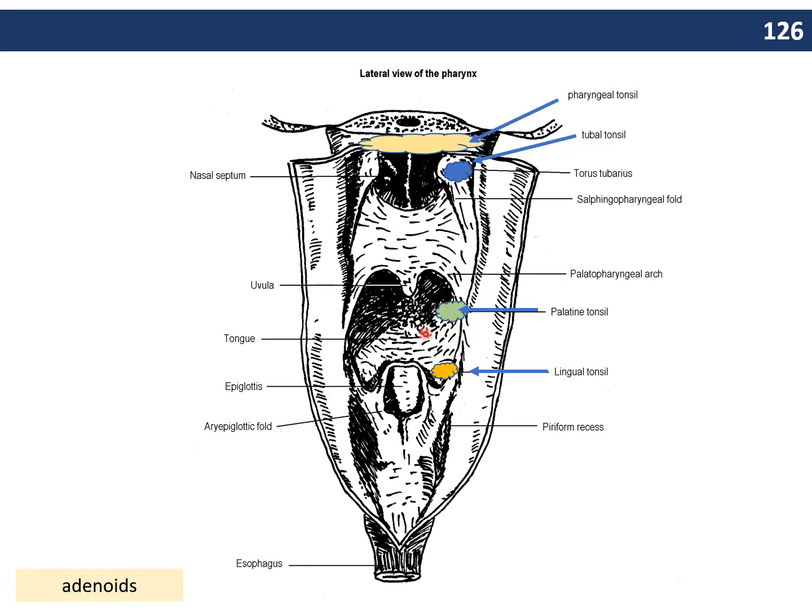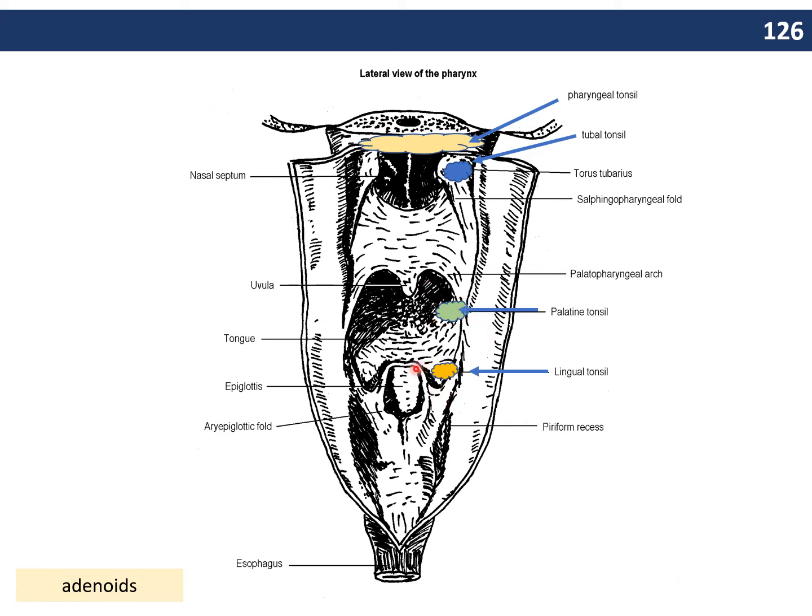And so the palatine tonsil, when we think of tonsillitis, that's usually what we anticipate being infected. And that jugulodigastric lymph node is where the infection from a tonsillitis might spread.